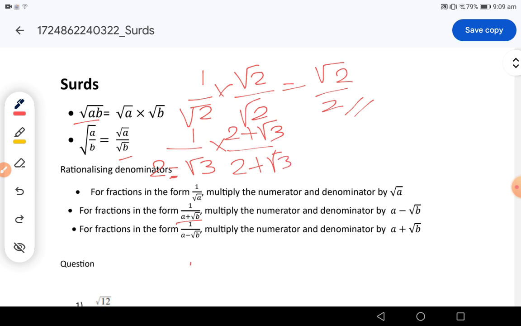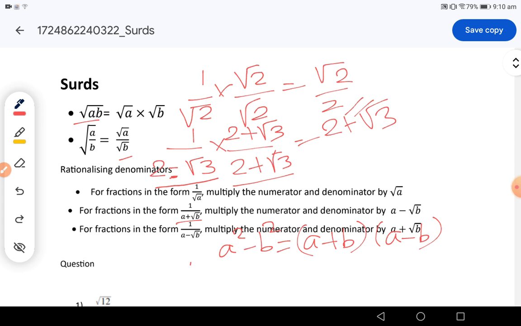Because we know the a square minus b square is a plus b and a minus b. So this is a minus b, this is a plus b. So we can write the a square minus b square form. So up 2 plus root 3 by 2 times 2 4 and root 3 multiply root 3 is 3. So the answer is 2 plus root 3.